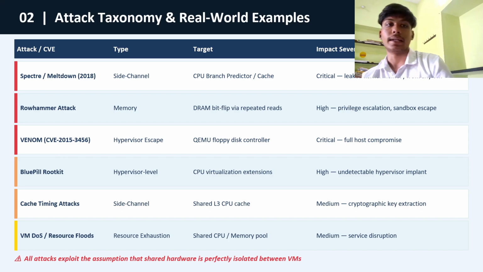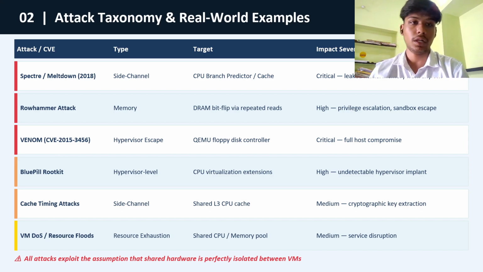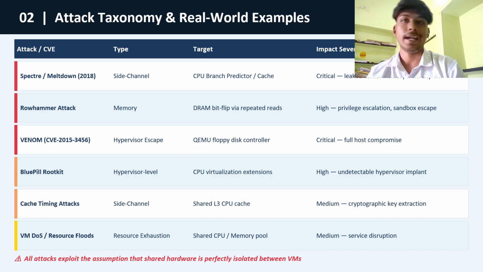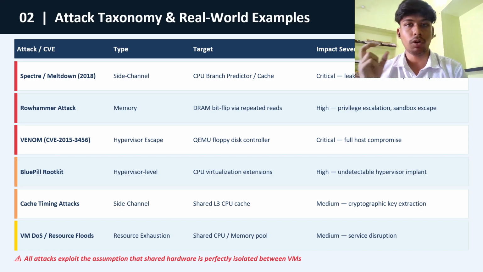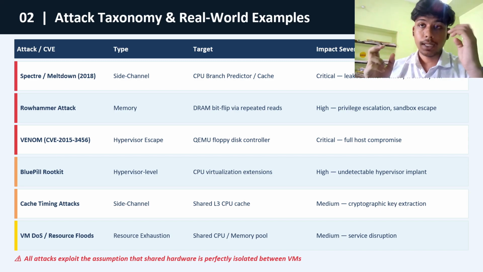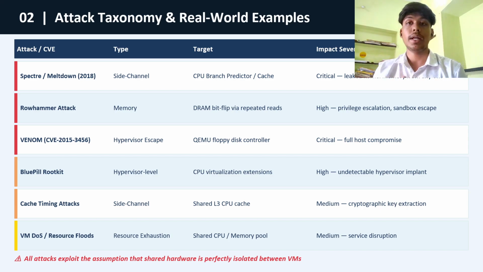Next are the MDS attacks, famously called ZombieLoad. This happened in 2019. It exploited Intel CPU microarchitectural data sampling. The data was leaking across hyperthreads, meaning one process could read data being processed by another process on the same physical core.